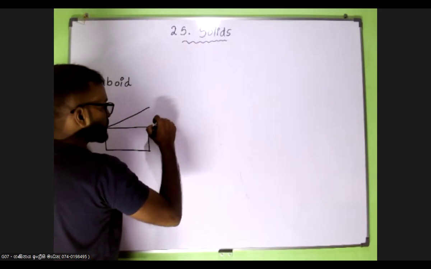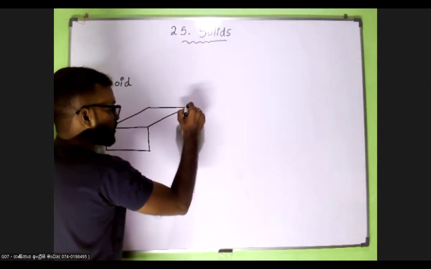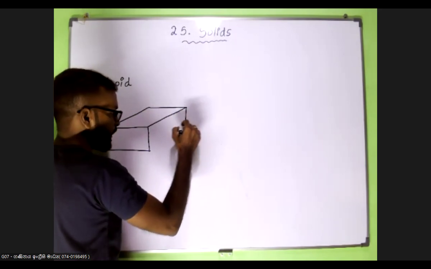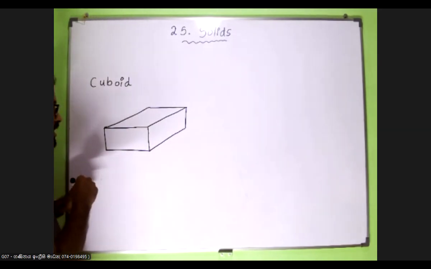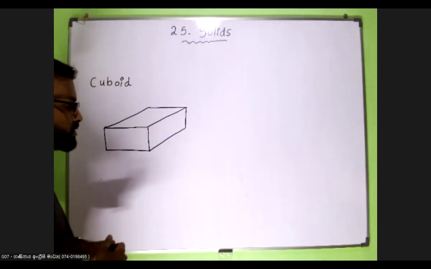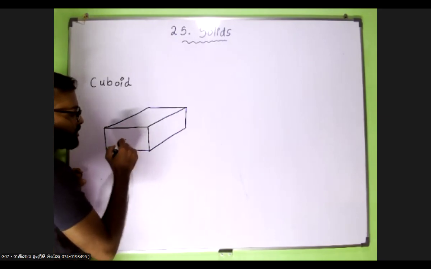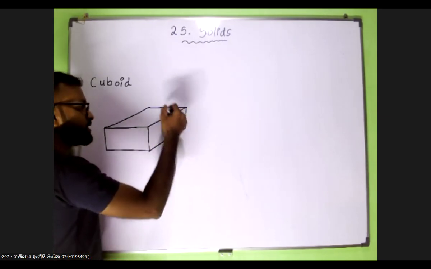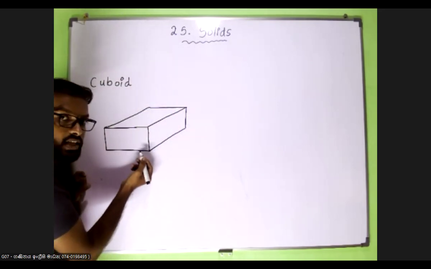This is the top surface, and the other sides cannot be seen. So this is kind of a side view. This is another face, this is another face, this is another top face, and you have a bottom face below as well.